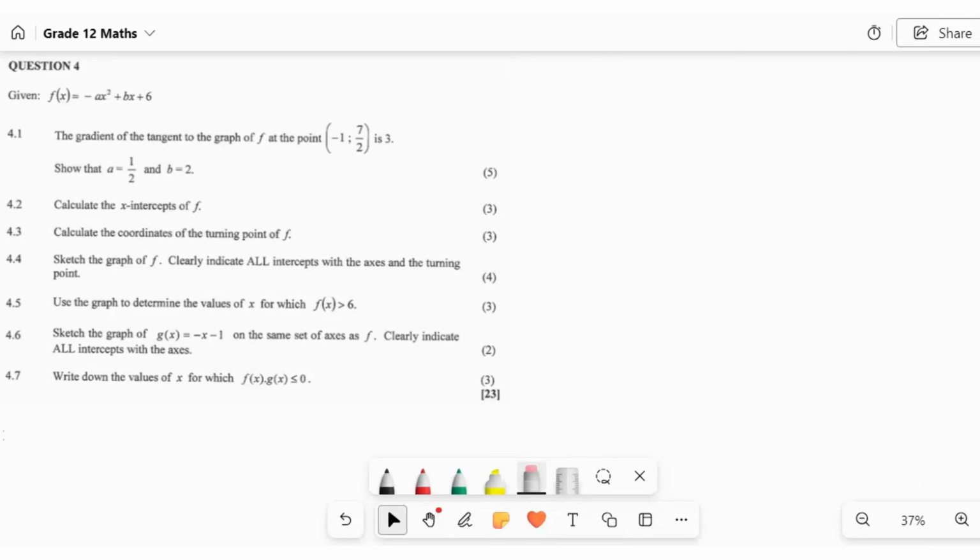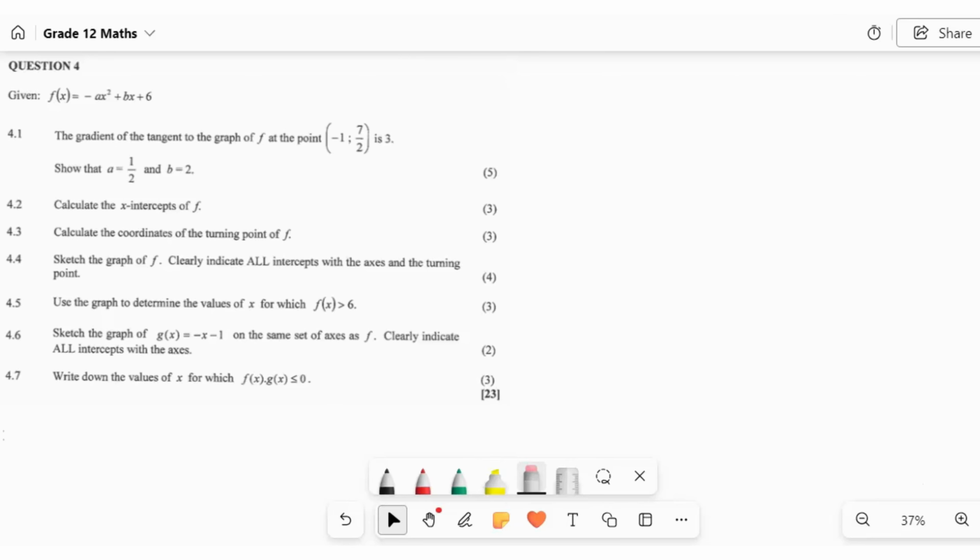In today's grade 12 mathematics lesson, we will be working through a full exam style question paper, and this combines calculus and quadratic functions. In here we are given a function and the gradient of a tangent at a specific point.